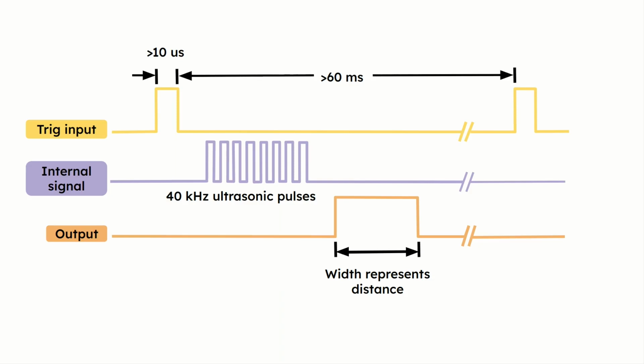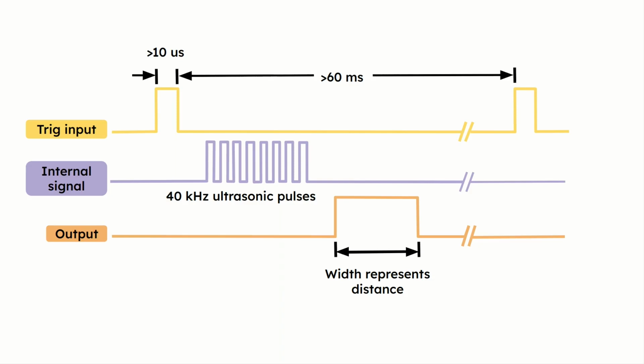If there is no reflection, the echo pin times out after 38 milliseconds and returns to a low state. But if it detects a reflection, it goes low earlier, and by measuring the time that the echo pin was high, we can calculate the distance from the sensor to the object.